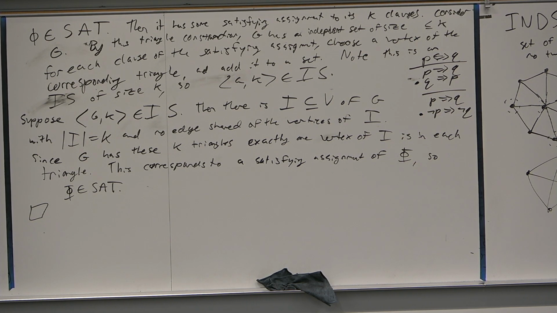We need to argue that the reduction, which is a program that takes as input a formula in whatever syntax and outputs a graph in whatever syntax, adjacency matrix or list, it doesn't matter, takes polynomial time. We don't need to be too precise with the big O, but we need to argue that the reduction can write down this graph in polynomial time. Can it?